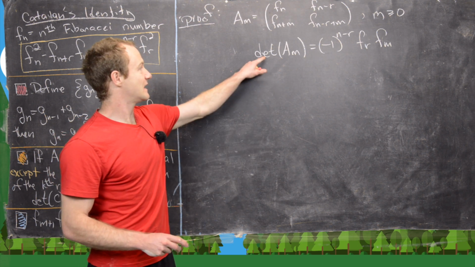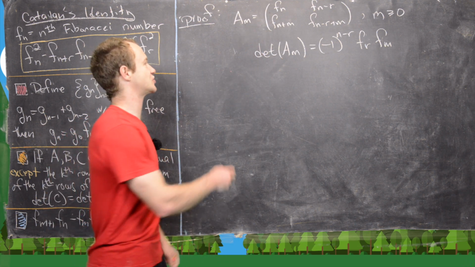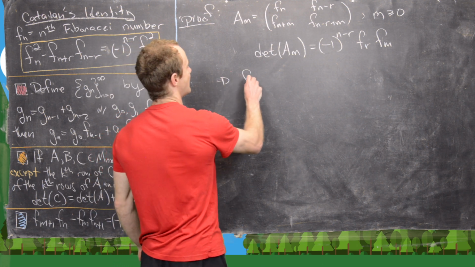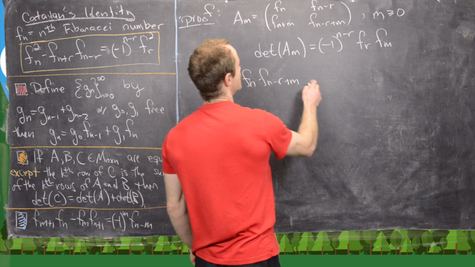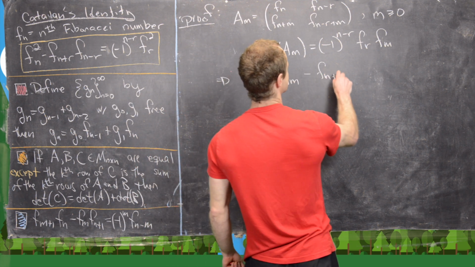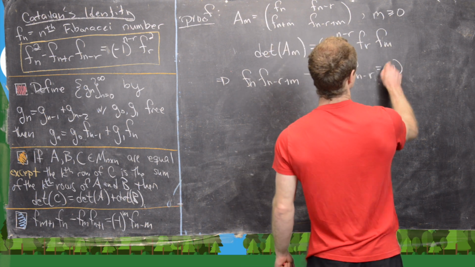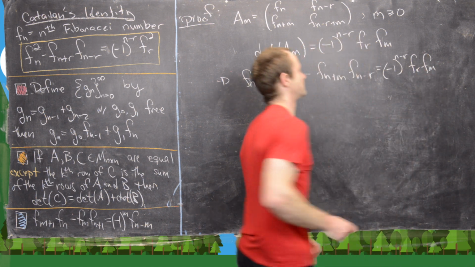But now let's go ahead and take the determinant of A m another way just by using the definition. So notice that is going to give us the following equation. Fn times Fn minus r plus m minus Fn plus m times Fn minus r is equal to minus 1 to the n minus r F r times F m.